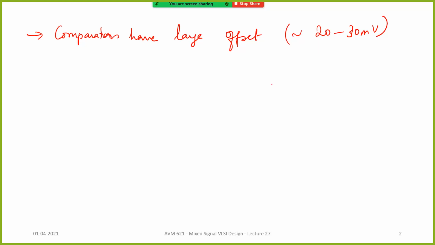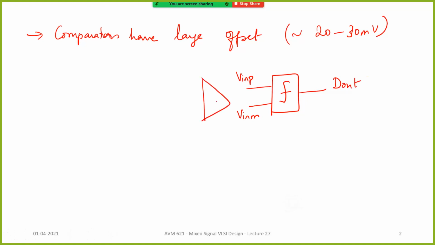Okay, so let's say this is your comparator with its two inputs, V in P and V in M. Let's say this is your D out. All right. Now, what we are going to do is, we are going to put a fully differential op amp in front of it. Right now we'll not go into the implementation. Let's just say that we put an amplifier with a gain A.